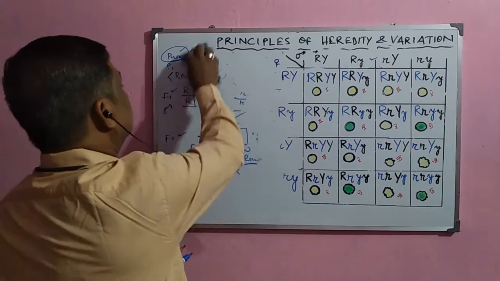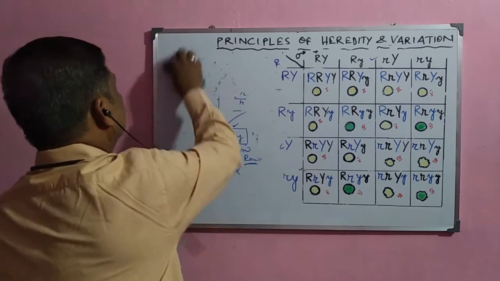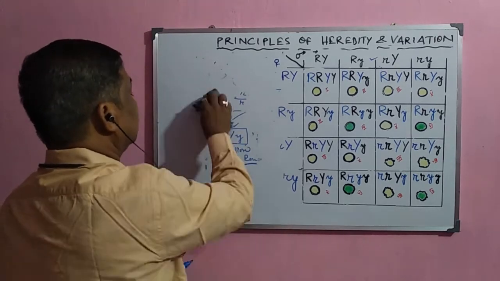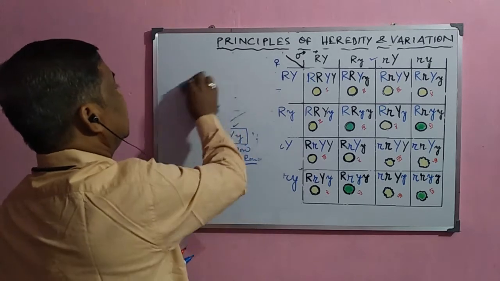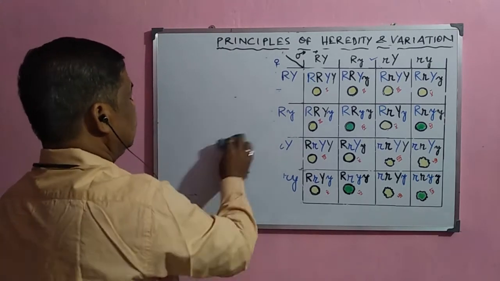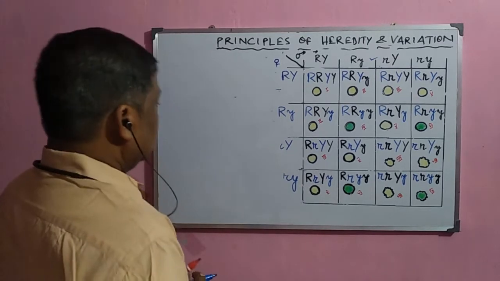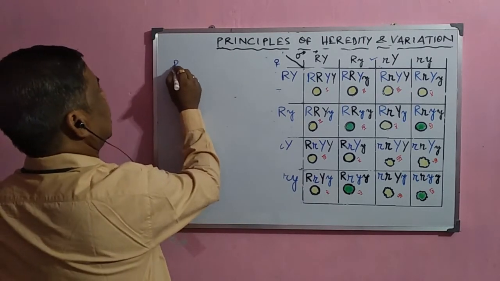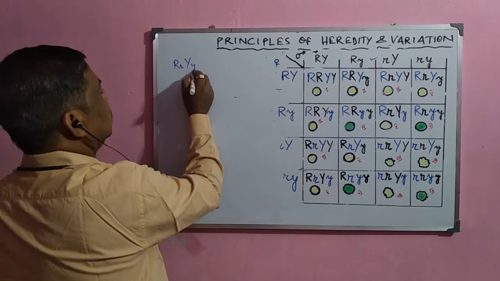In the F2 generation, 4 types of male gametes were formed and 4 types of female gametes were formed. Now, suppose here the R, Y and Y.